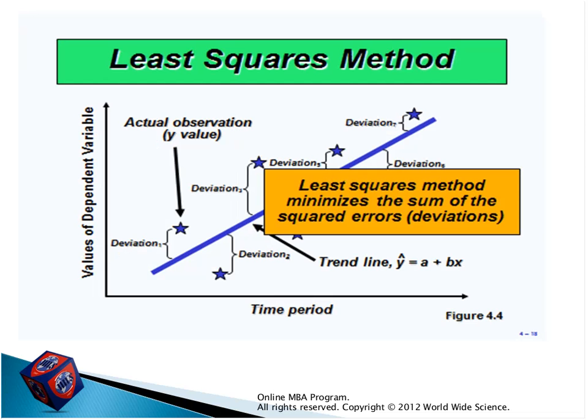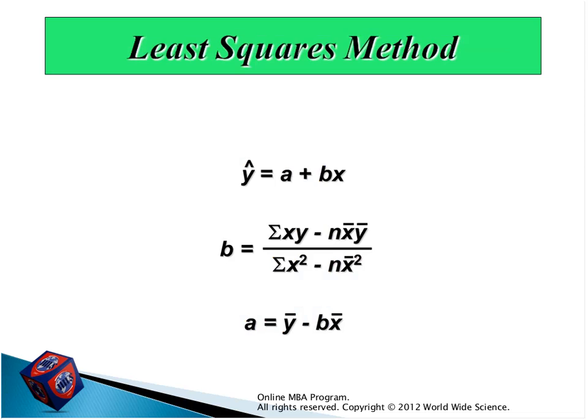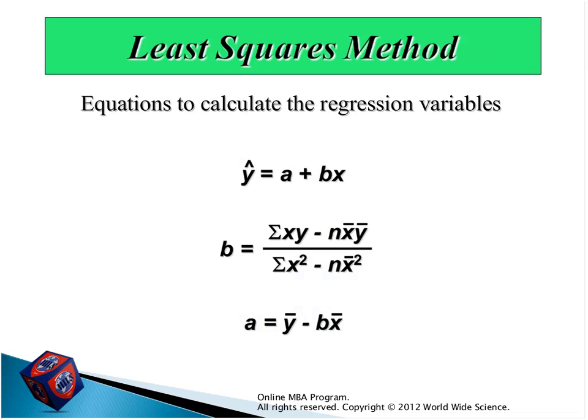By use of this method, we want to minimize the error to make better decisions or better forecasting. B and A have two formulas. B equals sigma x multiply y minus n multiply x bar multiply y bar, divided by sigma x to the power of 2 minus n multiply x bar to the power of 2.